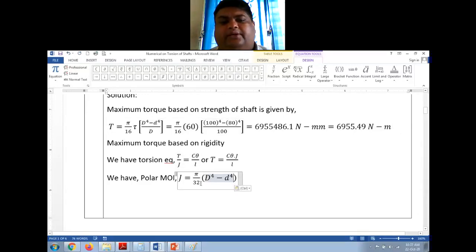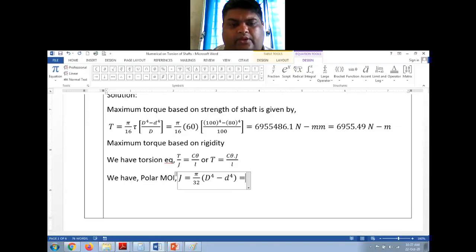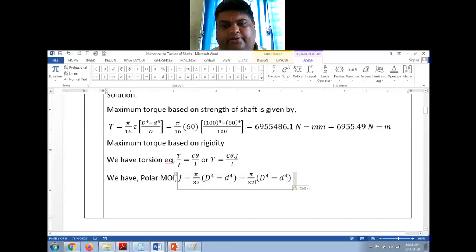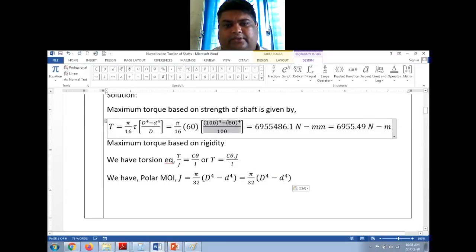It is pi by 32 into D raised to 4. Now since it is hollow, it is pi by 32 D raised to 4 minus d raised to 4. Right? Now this is equal to, I'll just copy this again and put here. Now this D is 100 and this d is 80.